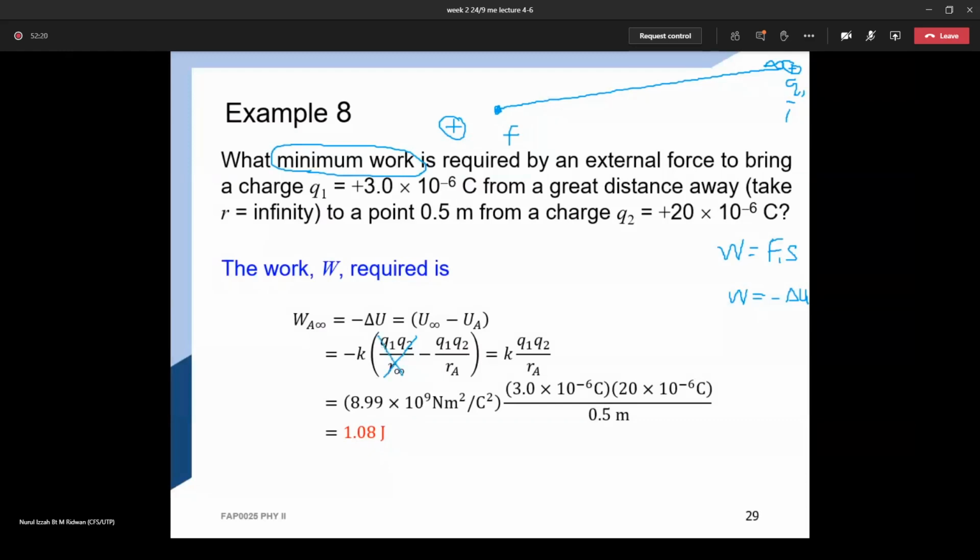Then the equation becomes K Q1 Q2 over R. So this is your equation to find the work done and also coming from electric potential energy. So Q1 is given, Q2 is given, the distance right now from A is just 0.5. So you will get your answer as 1.08 joule. So that should be the answer.